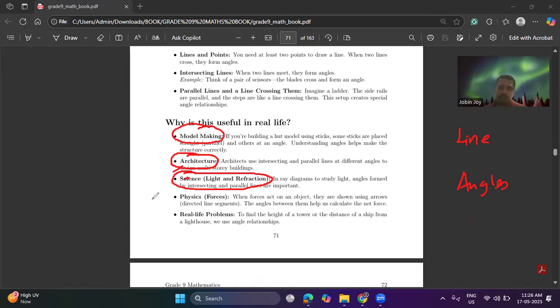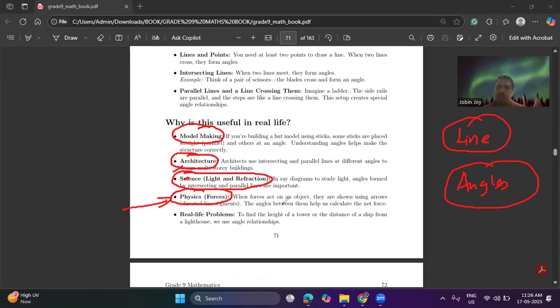Similarly, in physics, we will be dealing with forces. When forces act on an object, they are shown using arrows. And the angles between them help us to calculate the net force. If there are many forces applied to a particular object, we have to calculate the net force. We need the idea of lines and angles.